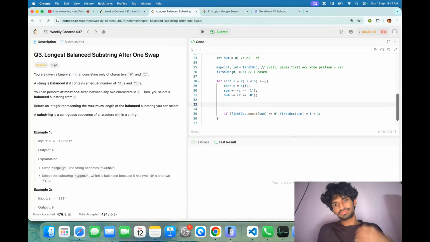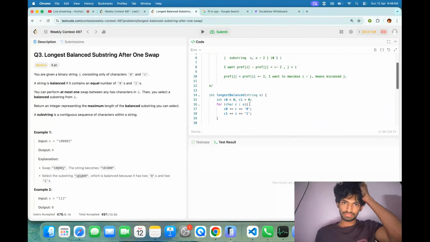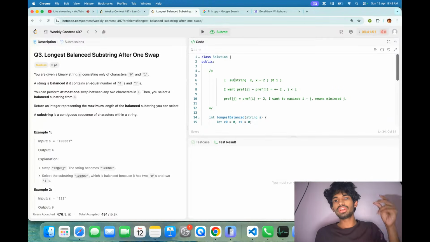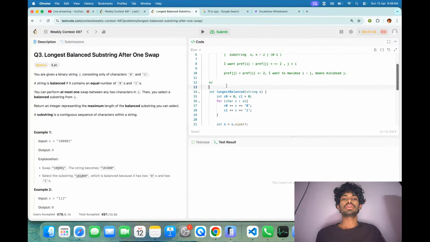And now what? See, I want to do it on both sides, because in the first assumption I assume 0 or 1 is on the right side. In the next assumption I assume 0 or 1 is on the left side.